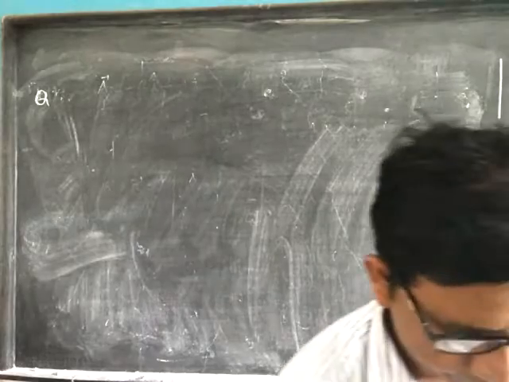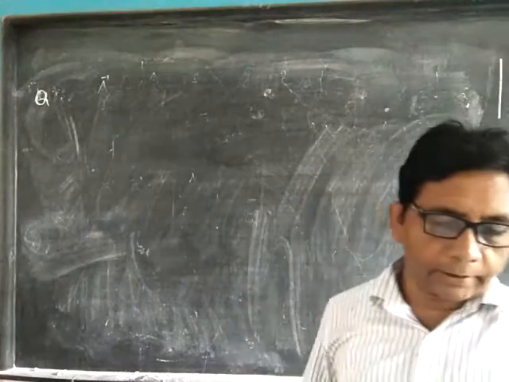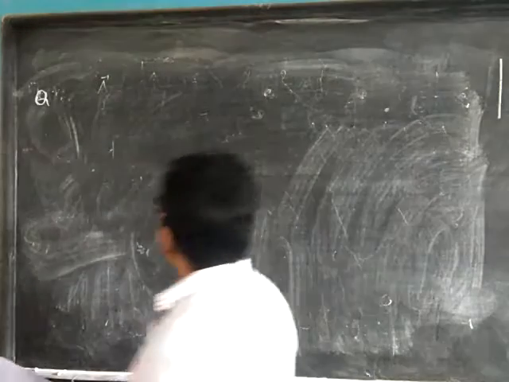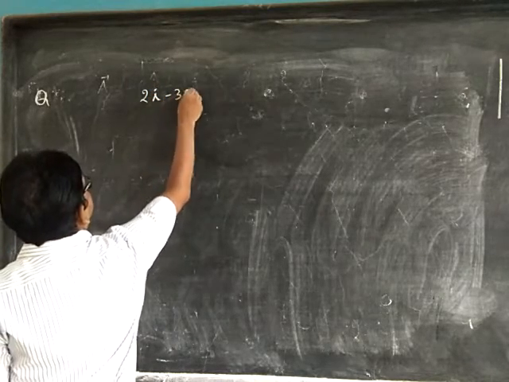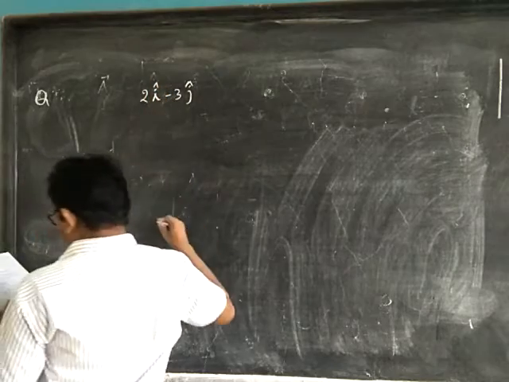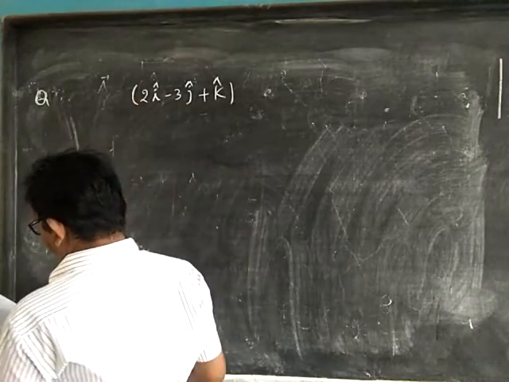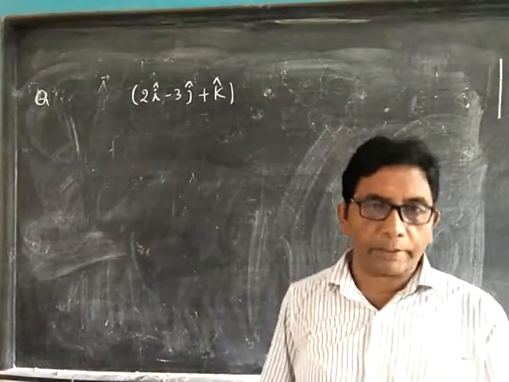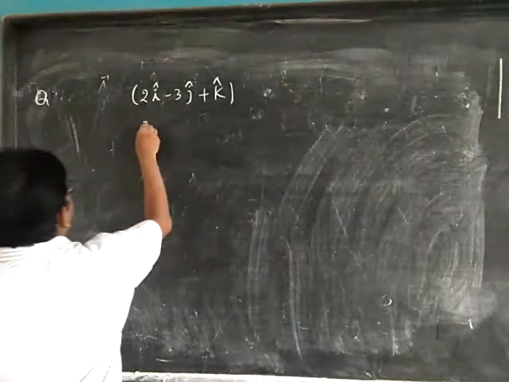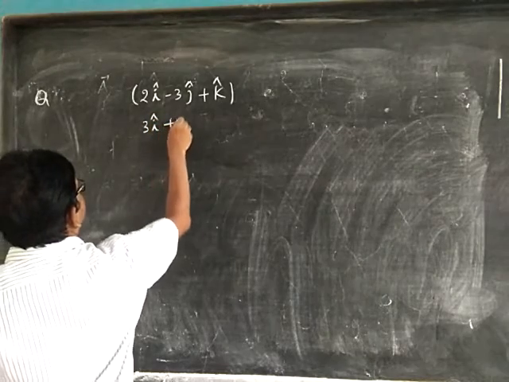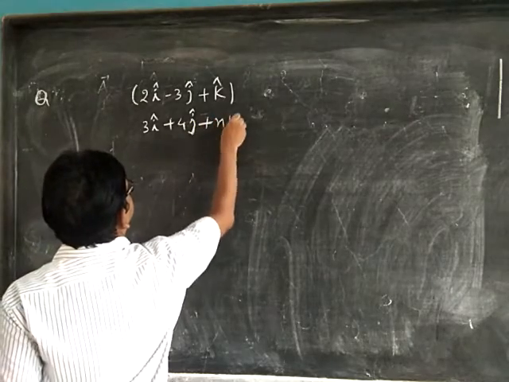Find the value of n so that vector 2i minus 3j plus k may be perpendicular to the vector 3i plus 4j plus nk.